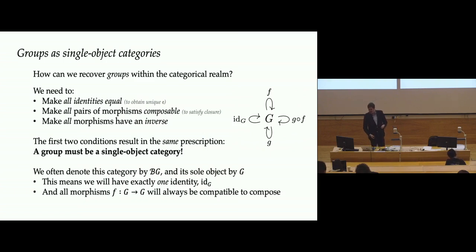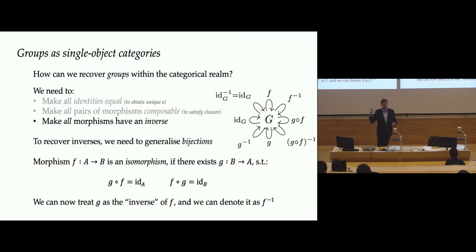Now, about making all morphisms have an inverse, we need an extra condition that every single one of these morphisms must also have a unique morphism going the other way. Or in category theoretic terms, you need to have all of your morphisms be isomorphisms. And what does this mean? This means that for every morphism, there must exist a morphism going in the opposite direction, such that if you compose, you get the appropriate identity.